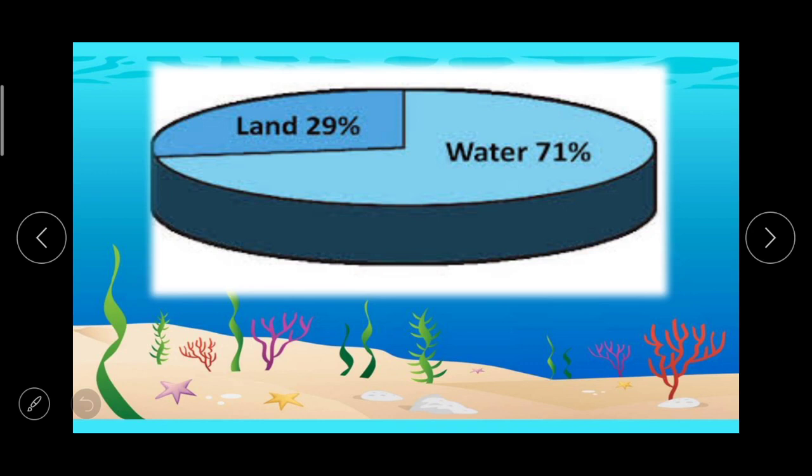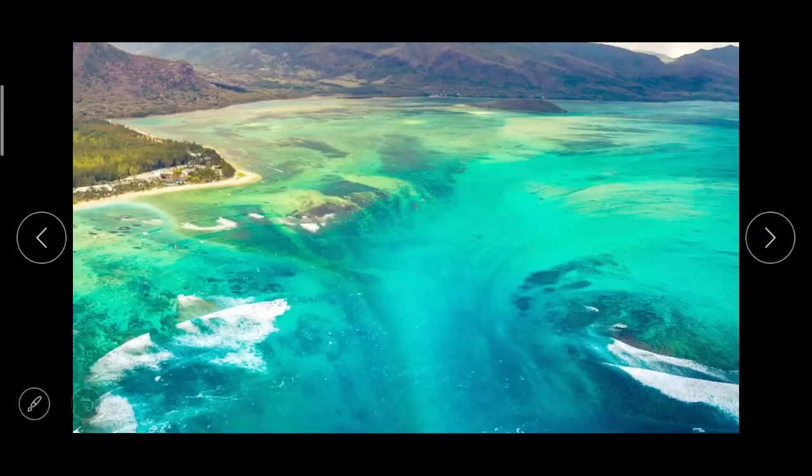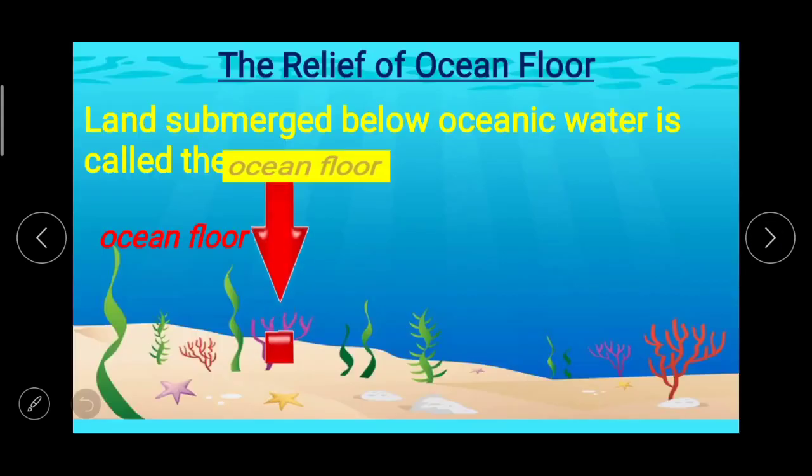Around 71% of the surface is covered by water, but there is land even below this water. But like water, it is not at the same level. So, here you can see we classify the various landforms on the earth on the basis of altitudes.